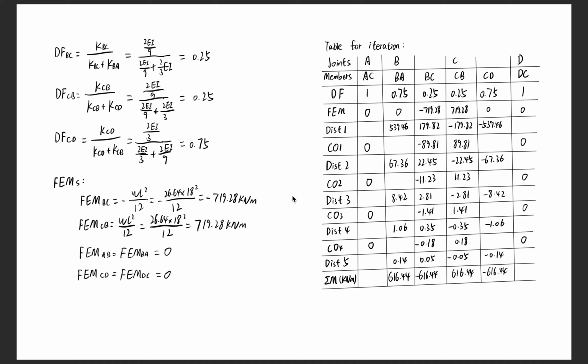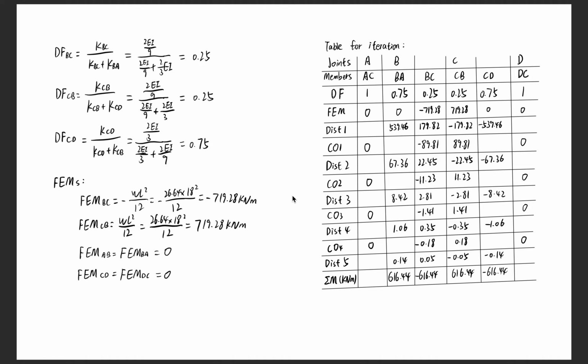For CB and CD, it's the same, but with a negative sign. And for CO1, we use 179.82 times 0.5. We got 89.81. And for BC it is a negative sign. And we keep the same steps until DIST5. And the last is about the total moment.